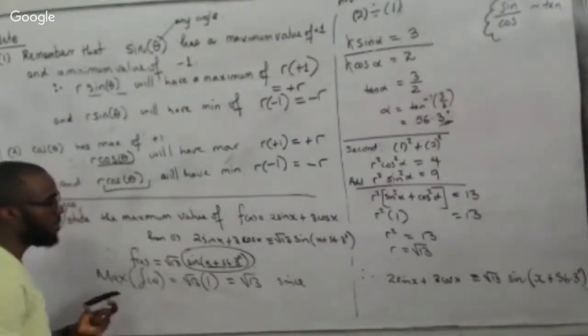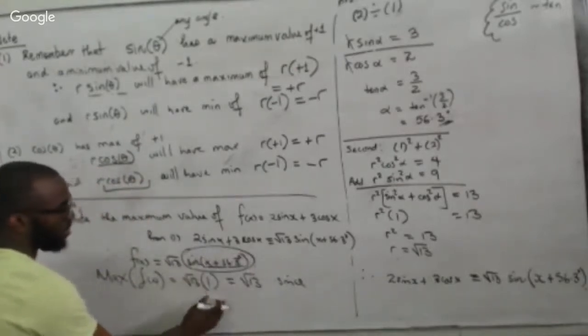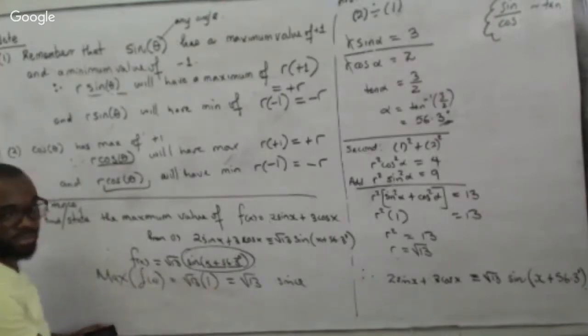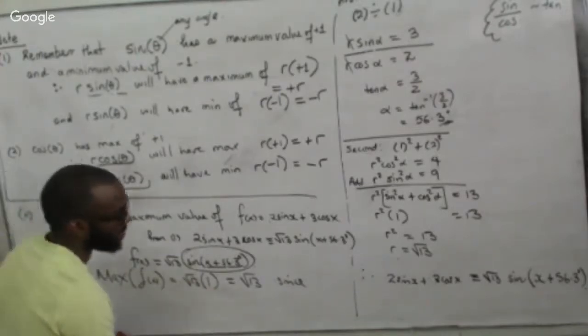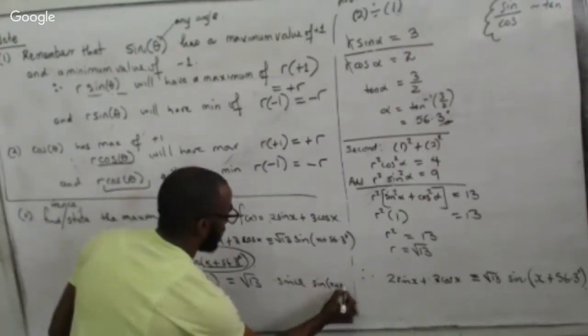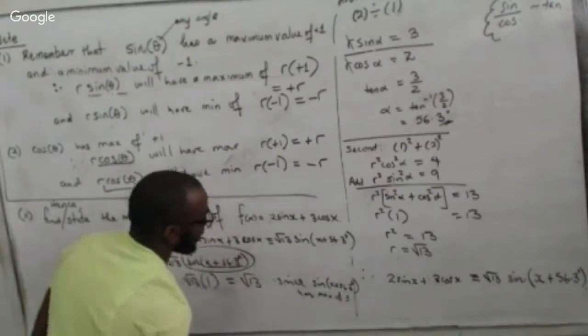So it doesn't matter what sits in here. Sine of any bracket is always at most 1 or at least minus 1. So you say since sine of x plus 56.3 degrees has a max of positive 1.